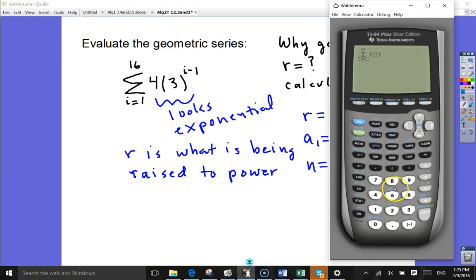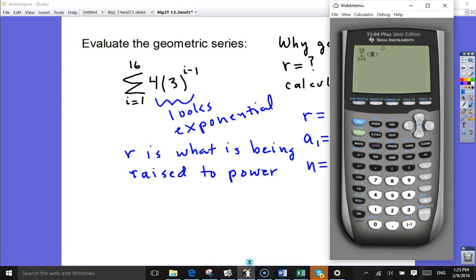Okay, so now let me put this in. I'm just going to use X for an index, because it's easy. X goes from 1 to 16. And now, the parentheses that are there, you can't use those like your parentheses in the problem. You have to put your formula all the way inside those parentheses. Don't try to stick the 4 in front of that and then use just a 3 in the middle. That won't work.